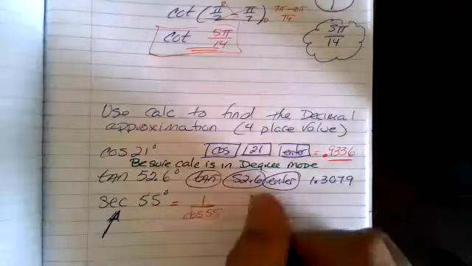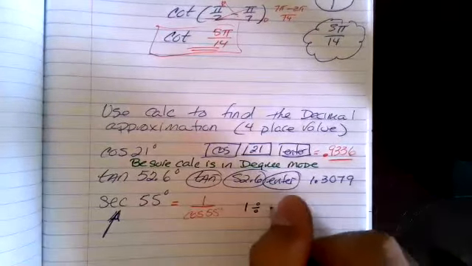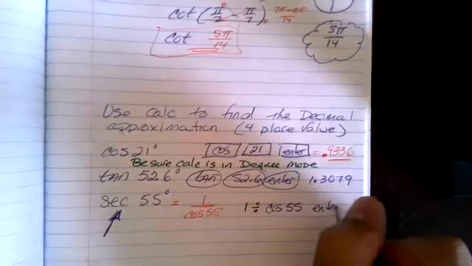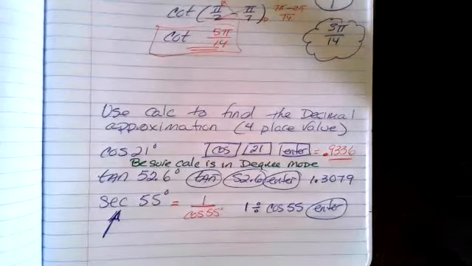Right, so in my calculator, I'm going to have to do 1 divided by cosine 55. Enter. So let's see if I can get the calculator up and see if this works. So that's not what I want. So I might have to change my mode again. Yep. I should have turned it off.